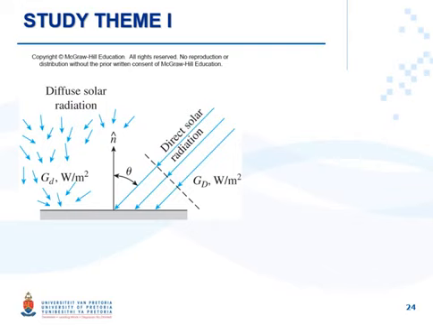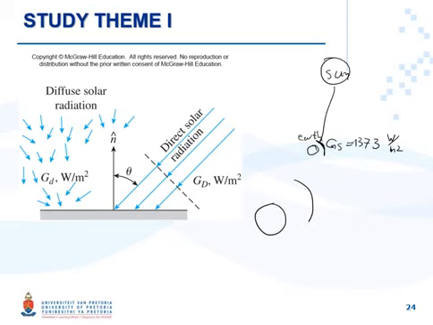So the incident solar energy on the surface of the Earth consists of two parts, direct and diffuse. If you remember, first we said this is the sun, we don't care what is happening in between, but it reaches the Earth. At the outer edge of the Earth is G_S, which equals 1373 W/m².